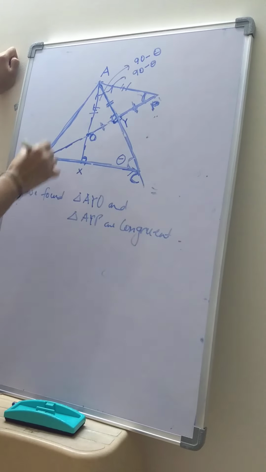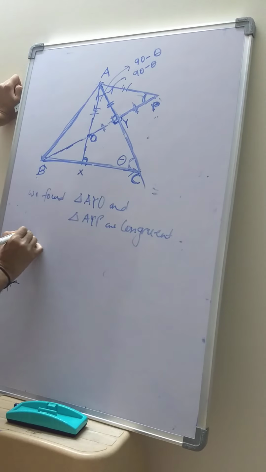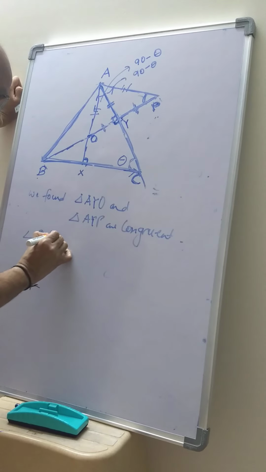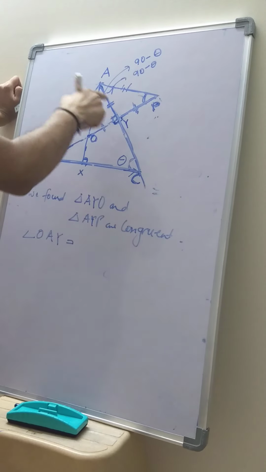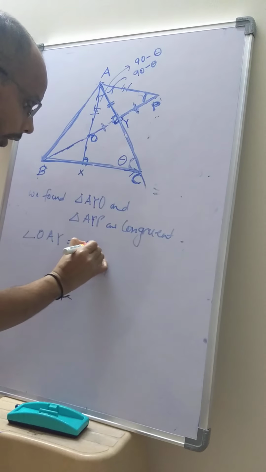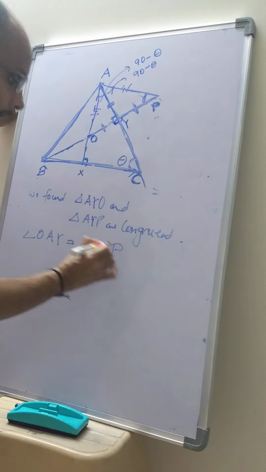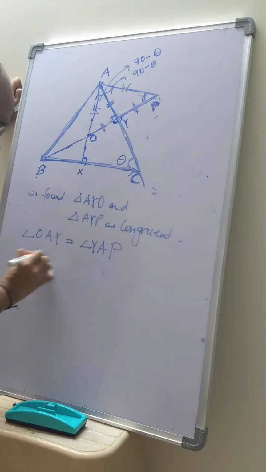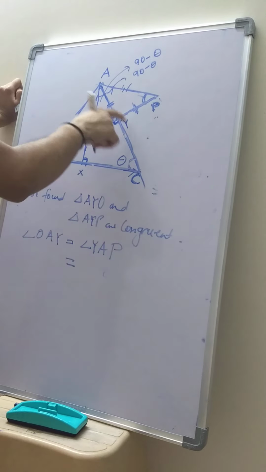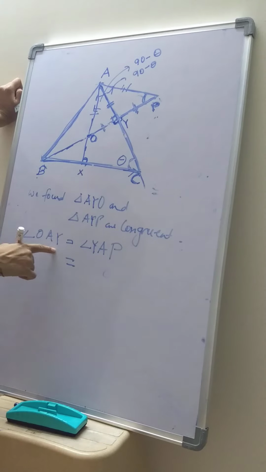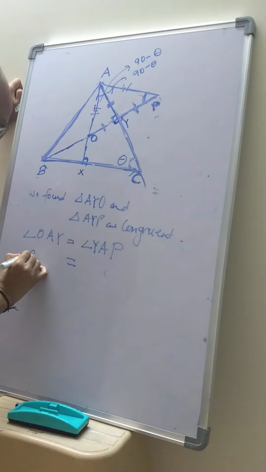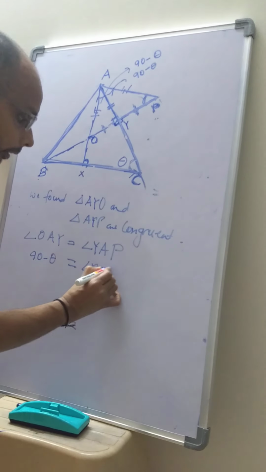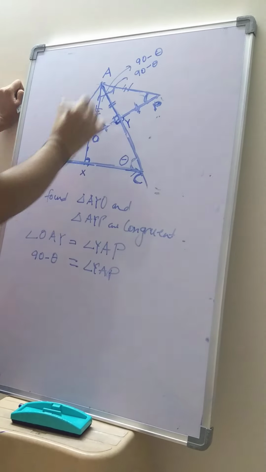And since they are congruent, you can say that angle OAY is equal to angle YAP. Angle OAY was 90 degrees minus theta. So angle YAP is also 90 degrees minus theta.